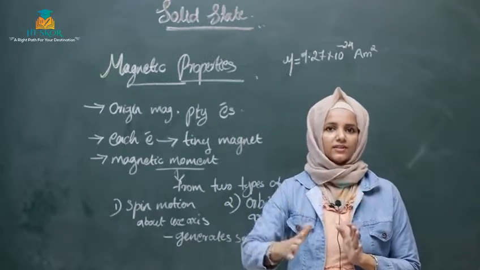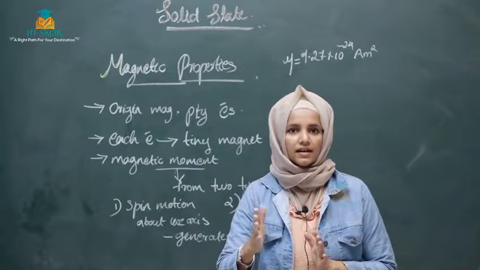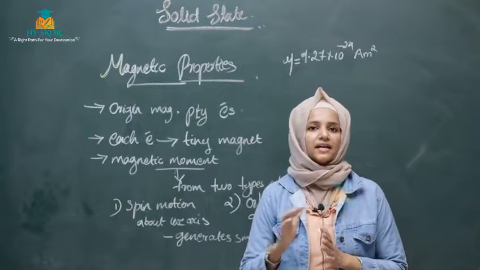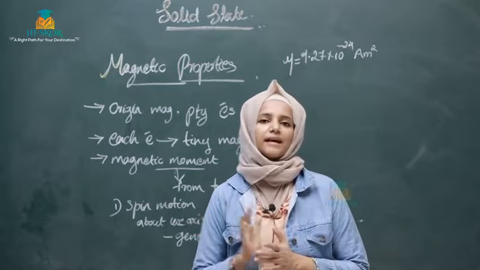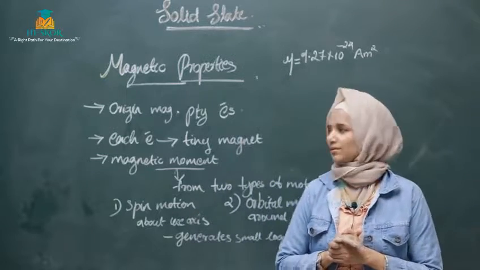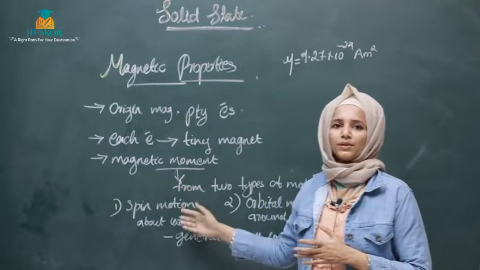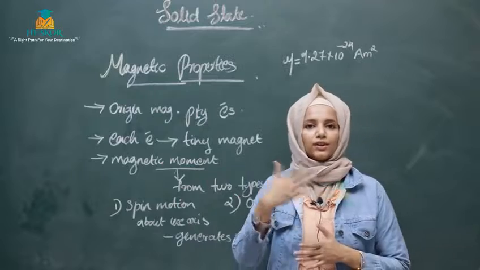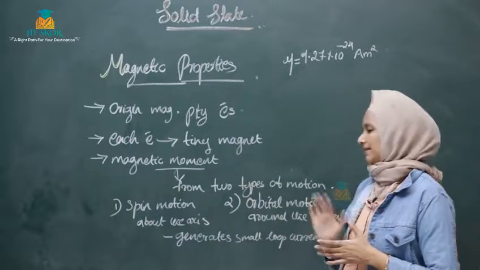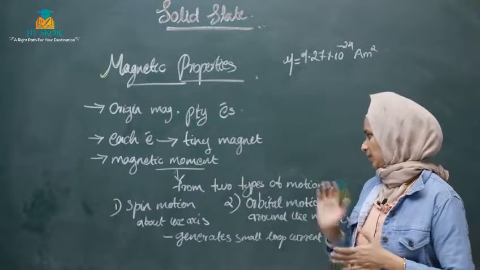Electrons are charged species which are in motion. Which are the two types of motion present in electrons? Spin motion about its axis, and also an orbital motion around the nucleus.